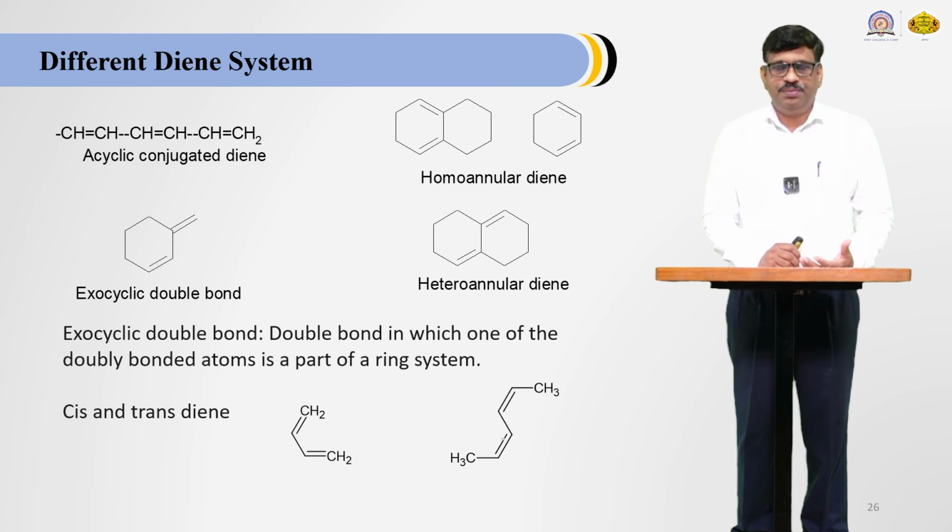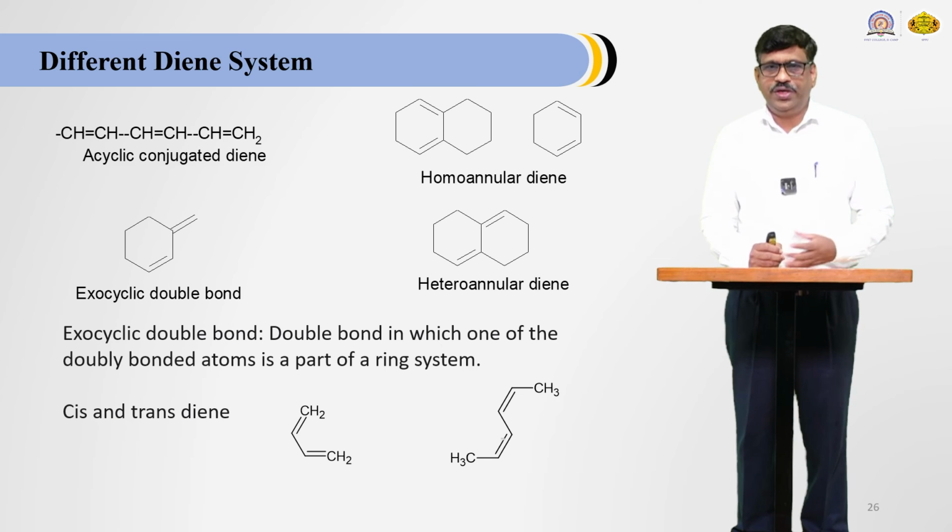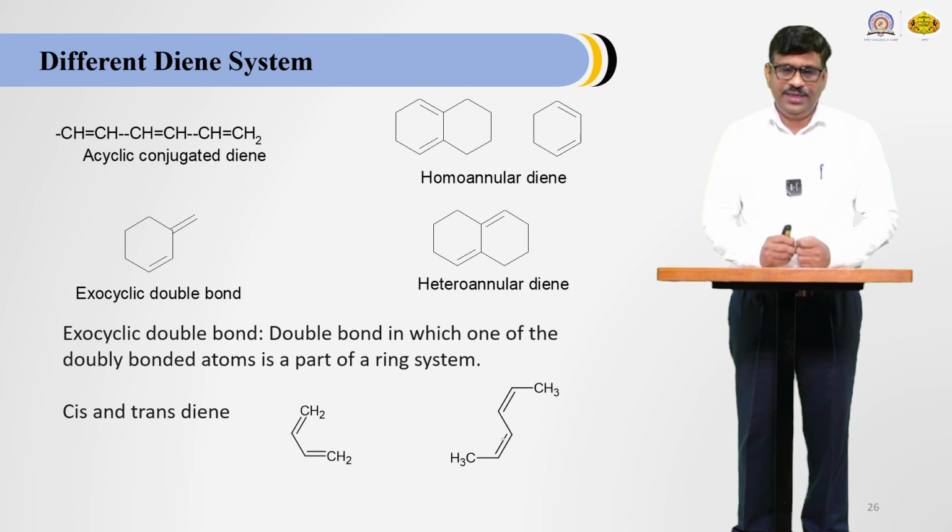Heteroannular diene means a diene in which the two conjugated double bonds are not present in a single ring. For homoannular diene, we have to add 39 nanometer while solving the problem. Cis and trans dienes are examples.